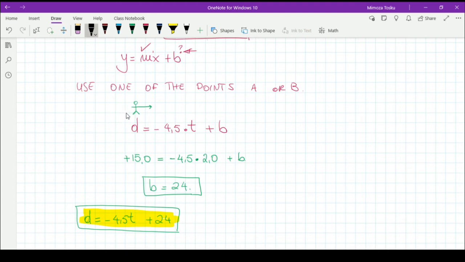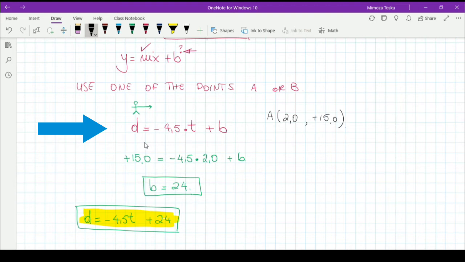To find the value of b, we will walk through this equation, and when we see the value of d and the value of t, we will replace them with the corresponding given values. In our case, point A has coordinates 2 and positive 15.